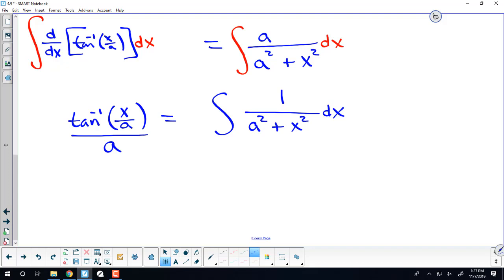All right, so that's, I think, an important connection between those operations, derivative and antiderivative, and when you look at that formula sheet, hopefully it's a little bit more clear as to why all of that stuff is there.